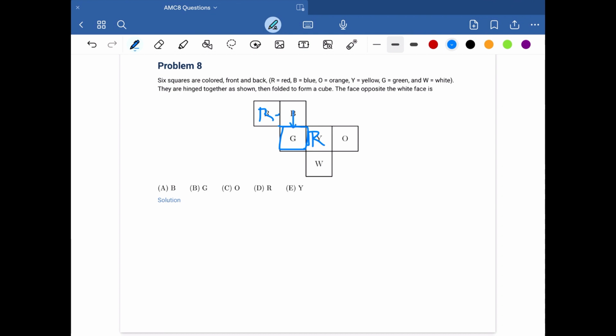So this would be on the right side, this would be on the left side, and in front from this perspective would be this, and behind that would be this, and on top would be this, and the bottom would be this. So across from white would be blue. So our answer is A, blue.